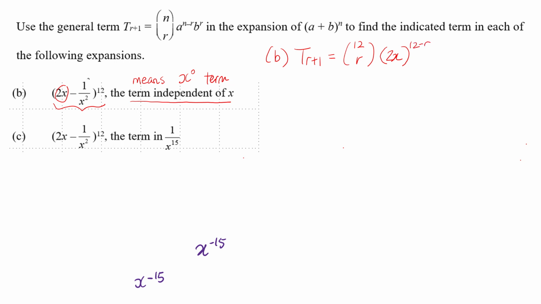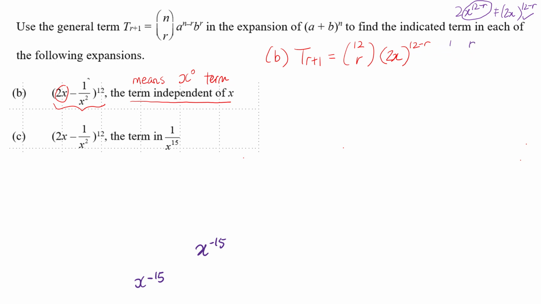If you do not bracket it, then the power only belongs to x, which is not the same as having 2x to the power of 12 minus r. And this is what we want. We want 2x to the power of 12 minus r. That's why you need to bracket it. It's very important. And the value for b would be negative 1 over x squared to the power of r.